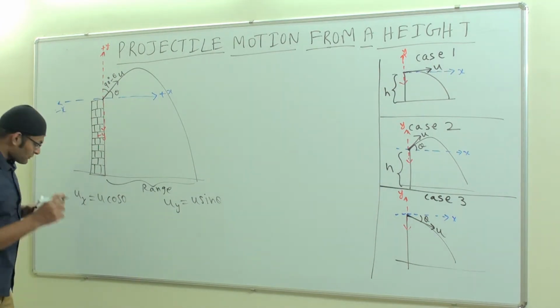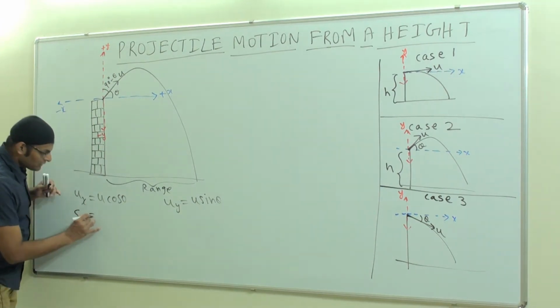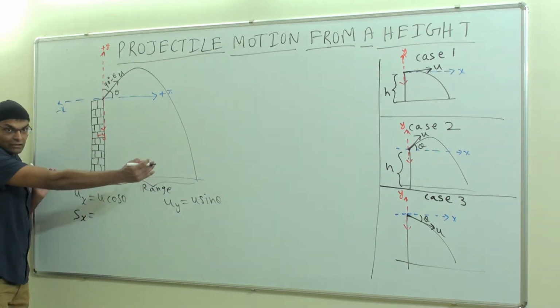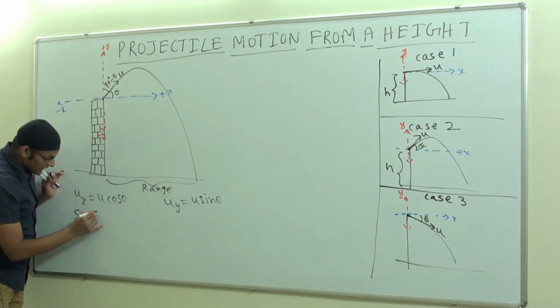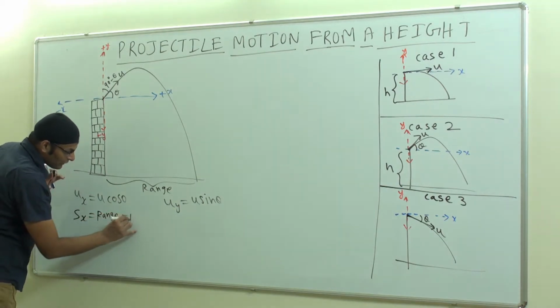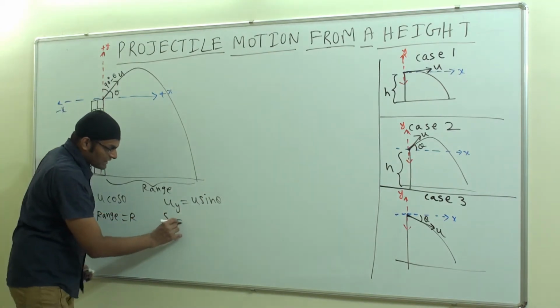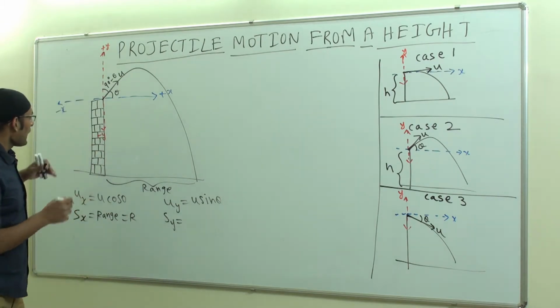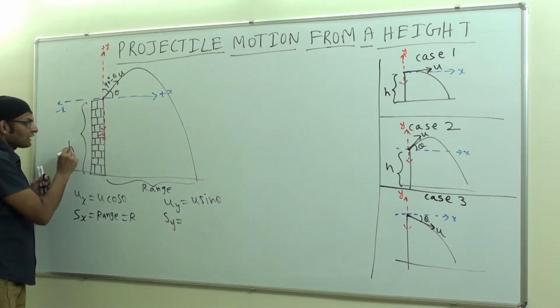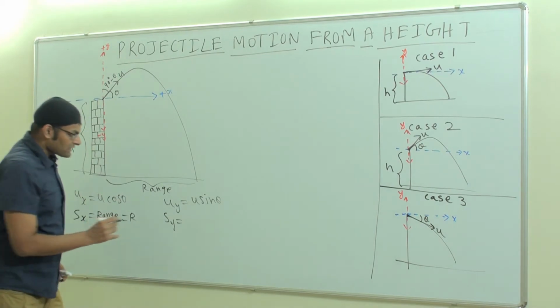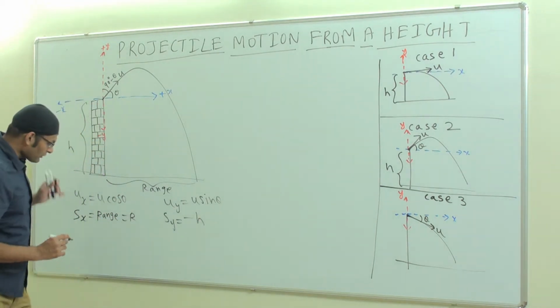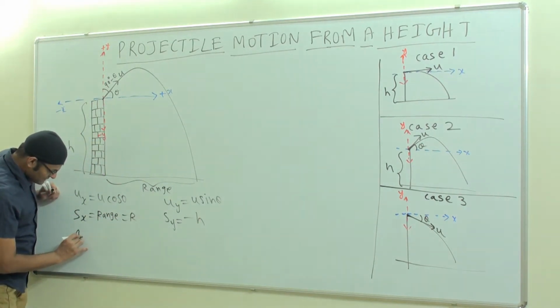Now coming to the displacement part, Sx is what? Sx is of course the range, the final range in the positive x direction, and we have to calculate it. Then Sy of course you can see it is the height, total height of the tower in the negative direction, so it is minus h. Now coming to the next part, it is acceleration, Ax.